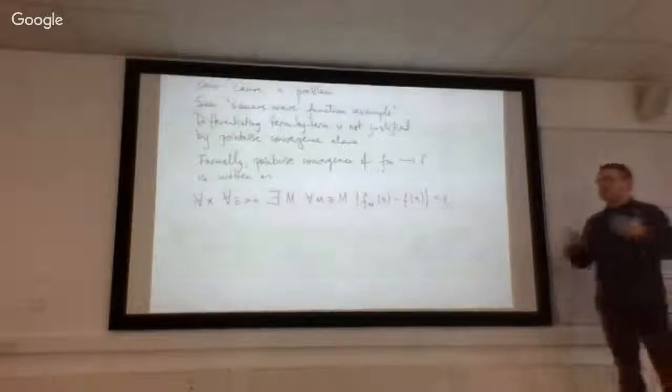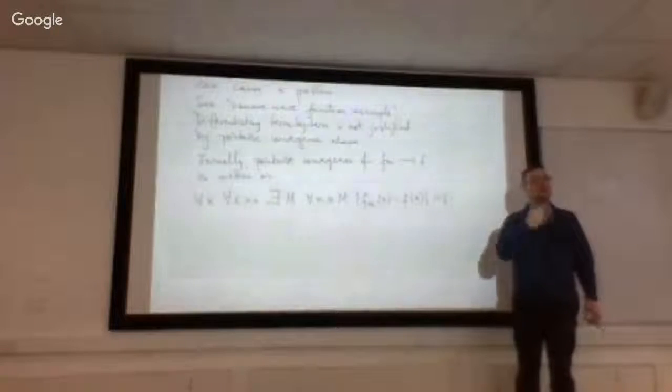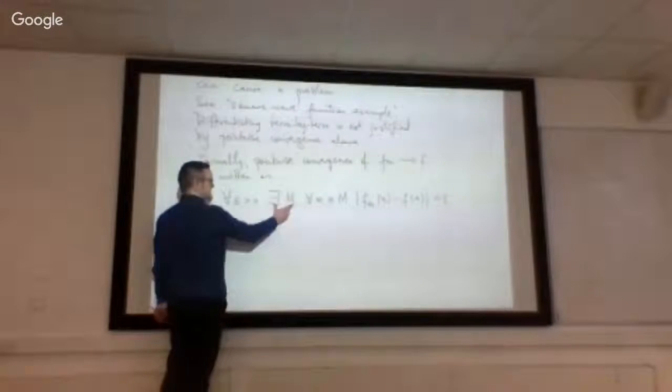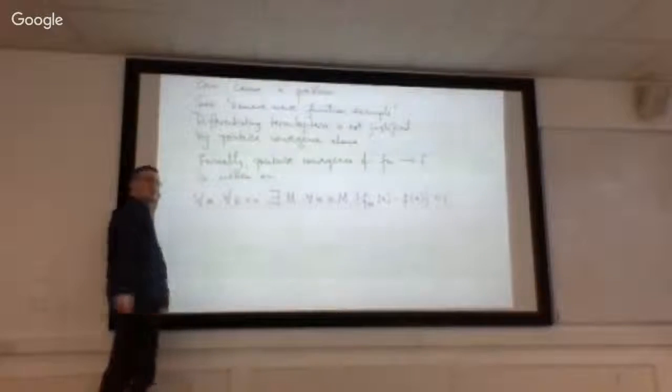Well, so one way you can get rid of this, different rates at different values of x, is to simply take this exists m statement and change its position, to after for all x.